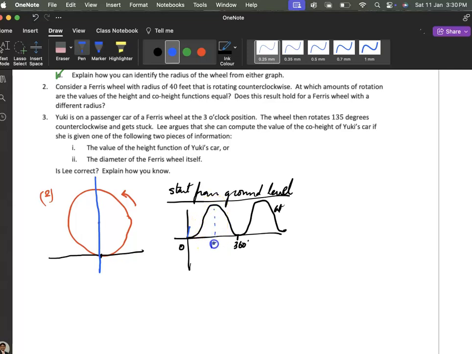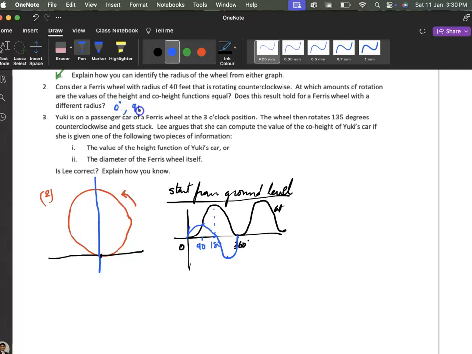This is 90. So it's maximum at 90, and then it goes down. And this is the sine, this is cosine. So where will they be equal? At 0 and 90.